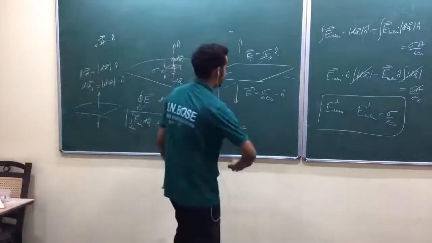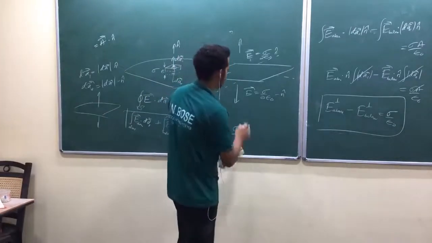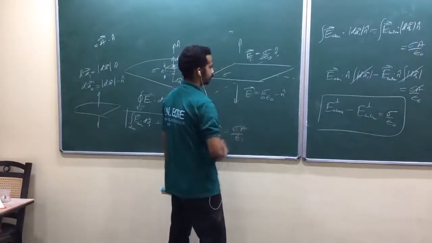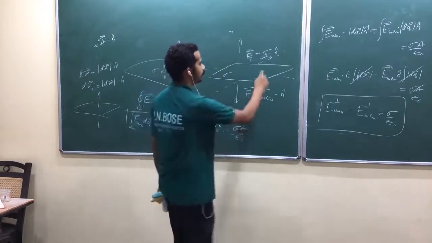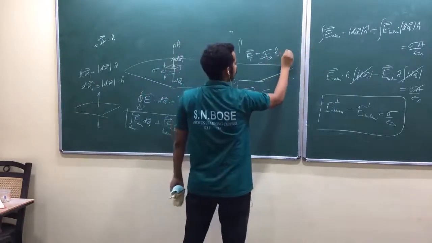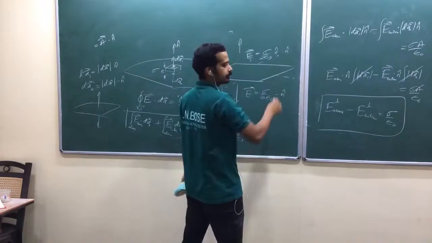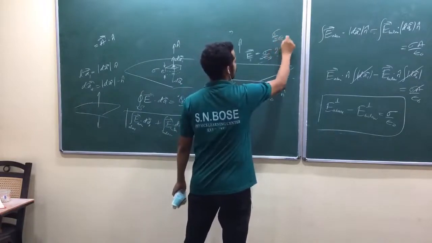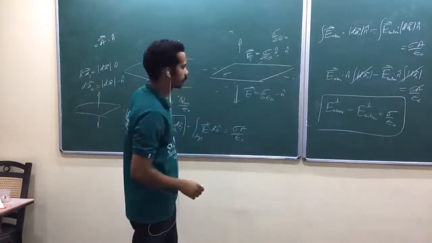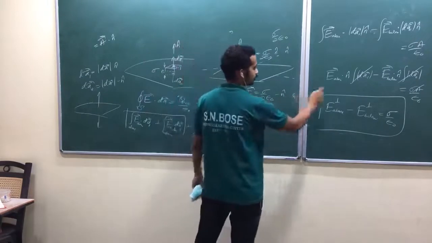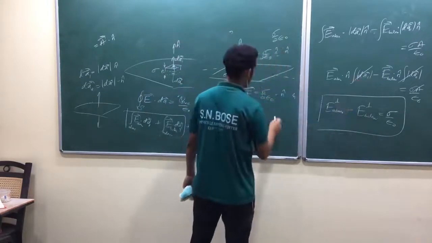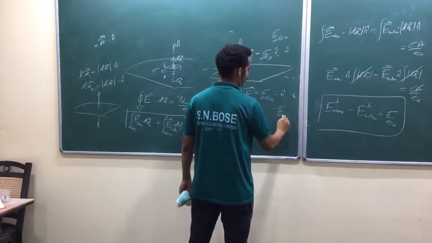Now look at how the discontinuity comes out. If I put a dot n cap here, what would I get? Sigma by 2 epsilon naught. If I put a dot n cap here, what I get is minus sigma by 2 epsilon naught.